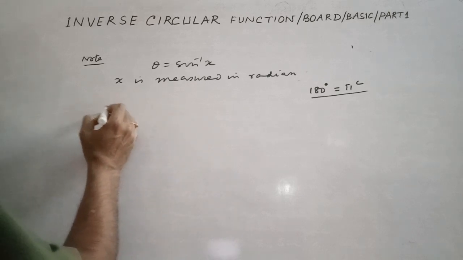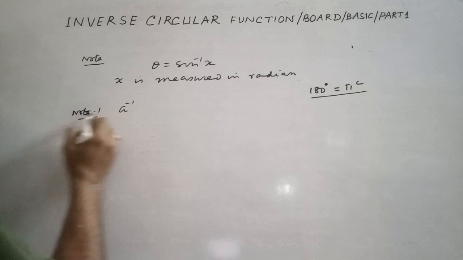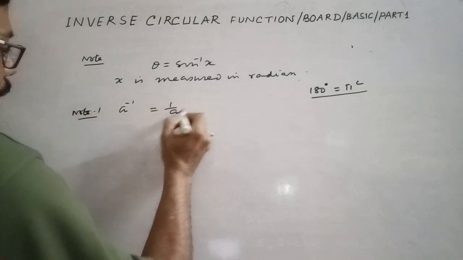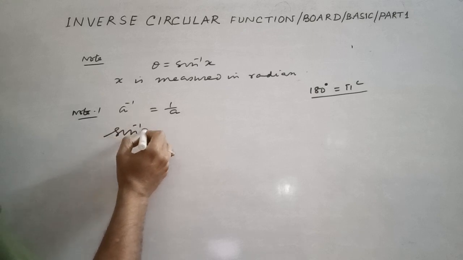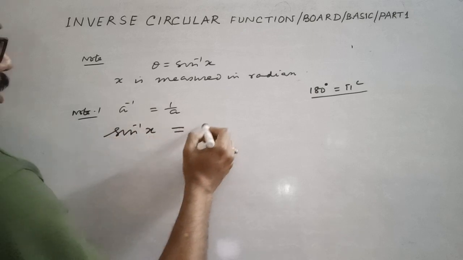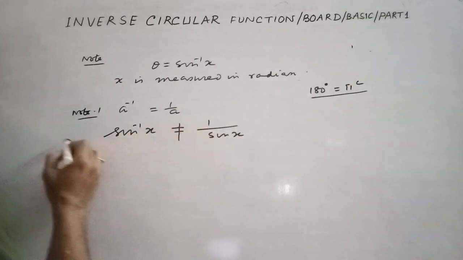Now, you know a to the power minus 1 equals 1 by a. From the rule of indices, sin inverse x is not equal to 1 by sin x.